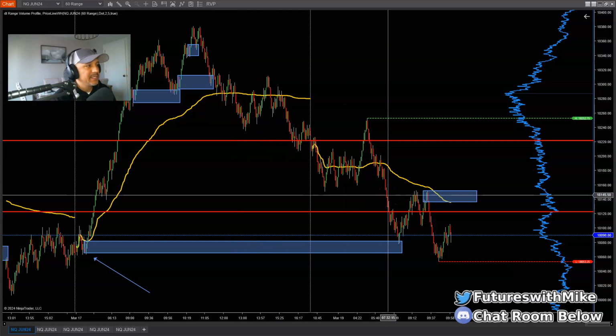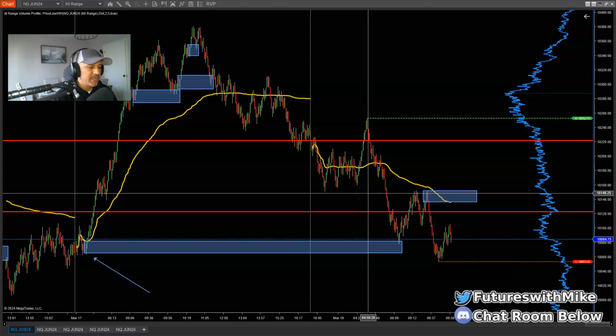Looking at my 60 range chart, I don't trade time base or tick or volume. Don't even ask, please, because I've said that a million times. Why? I started off trading range charts, was introduced to them, and from that point going forward, it just became cleaner to the eye. I have looked at time-based charts.